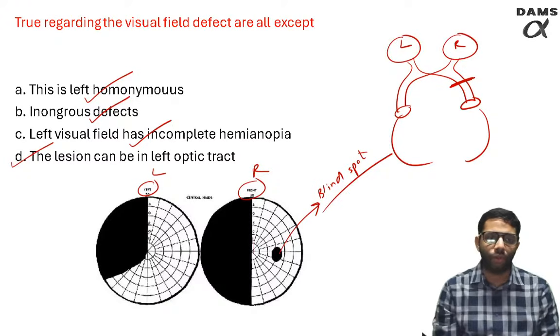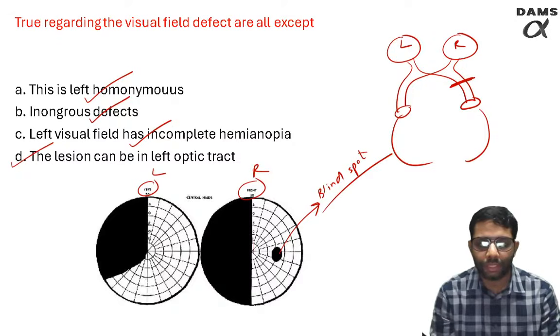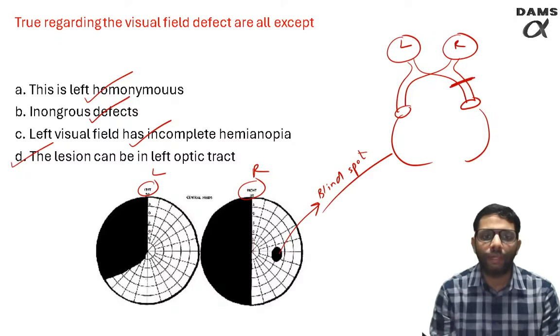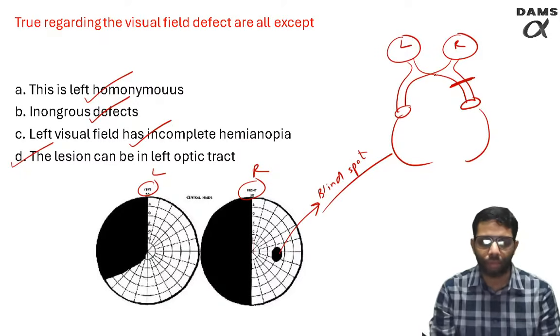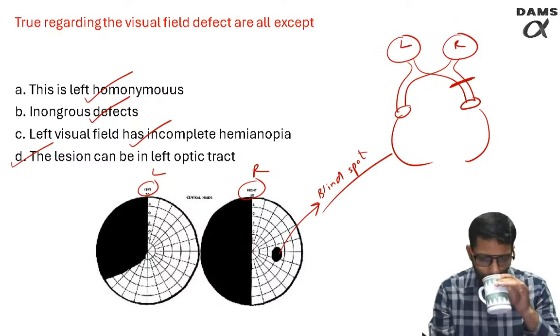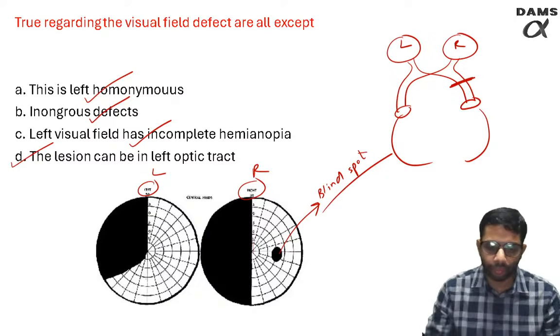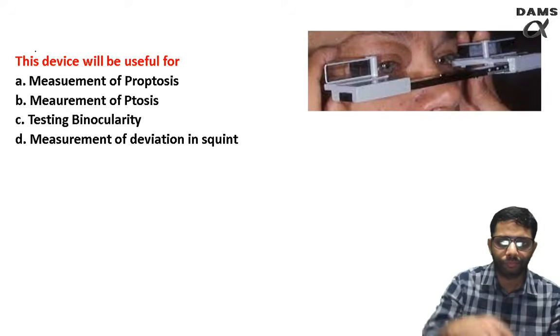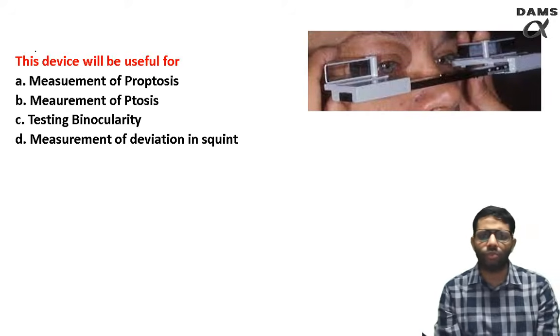A small lesion can be incongruous, a large one can be congruous. Only heteronymous is seen in an optic chiasma lesion. Optic chiasma will have heteronymous hemianopia. Multiple times a very easy question, but I will ask another question also based on this.